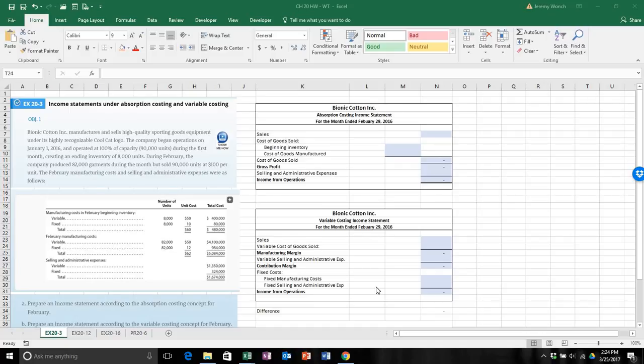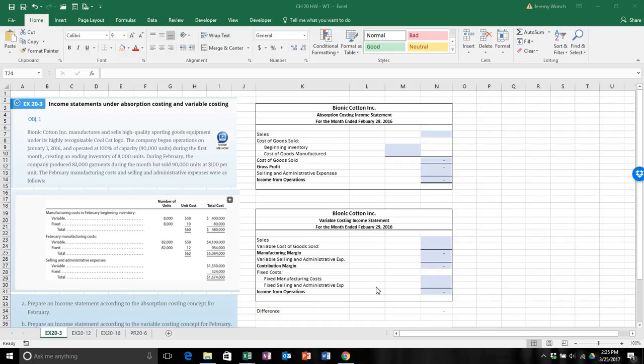However, internally we might have different questions we want to answer. For example, we might be more concerned about cash flows or how much we're going to spend by producing so many units, and that's where variable costing comes in.